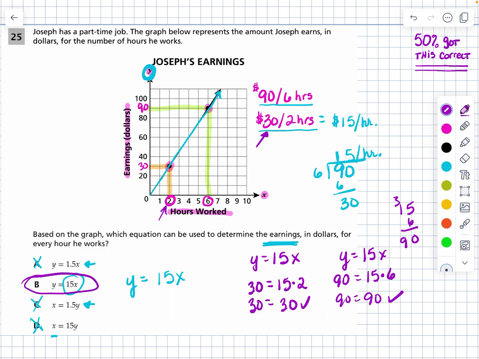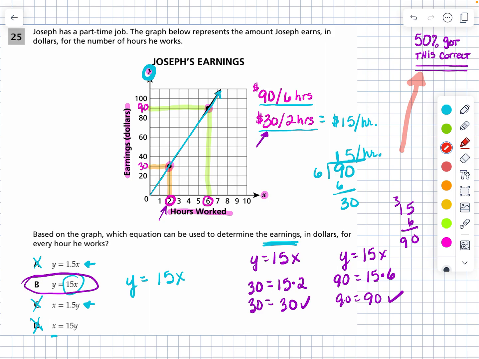So just to note, 50% of the students that answered this question got it correct, which means 50% also got it incorrect. So it's probably one of the more difficult problems if only half of the students got it correct. But it's not that hard when you break it down.